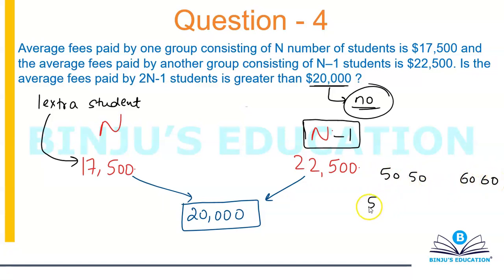But if I have two people weighing 50 and three people weighing 60, the average will be greater than 55, because the frequency of 60 is more. The average tends to shift towards the observation which has a higher frequency. That's the concept of weighted average. So in this case, the answer becomes no.